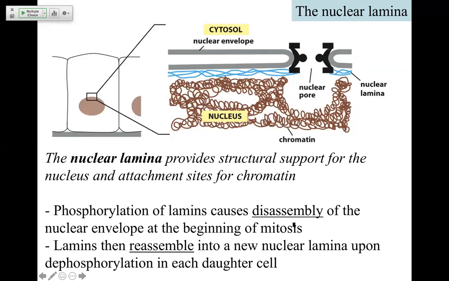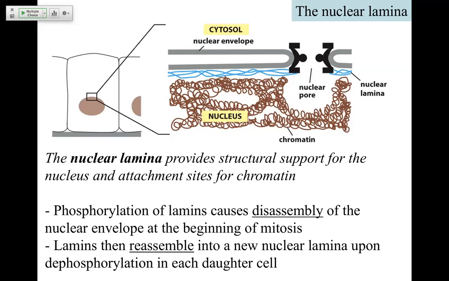When the lamins disassemble, that allows the nuclear envelope to fall apart at the beginning of mitosis as well. In order for a cell to divide, in order for those chromosomes to be separated to opposite poles of a dividing cell, the nuclear envelope has to fall apart.